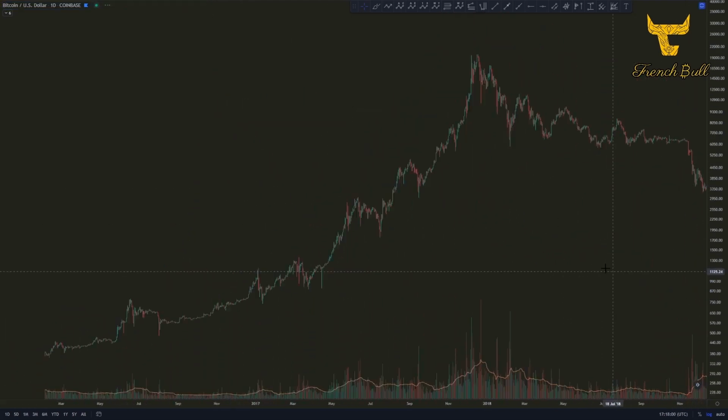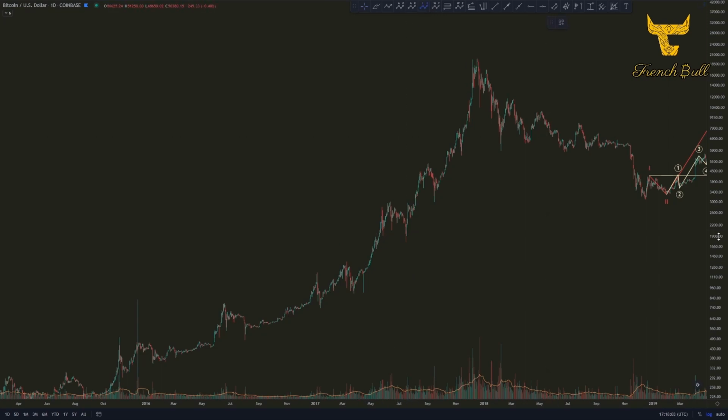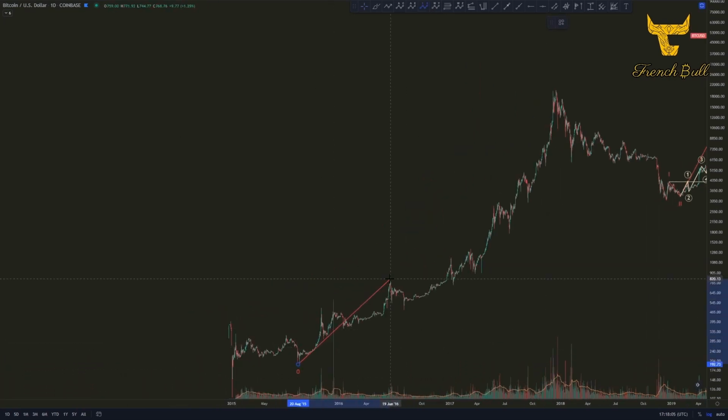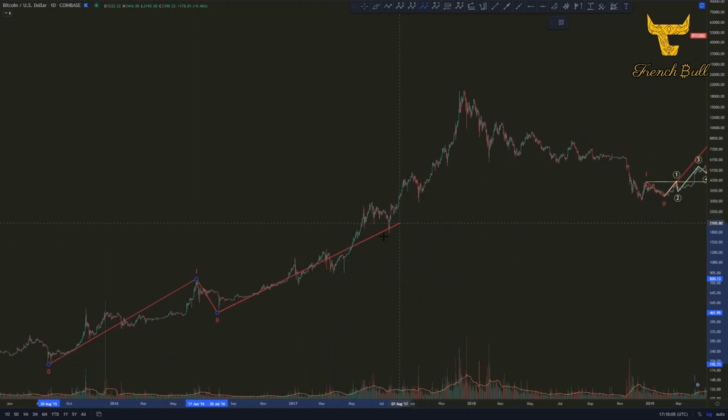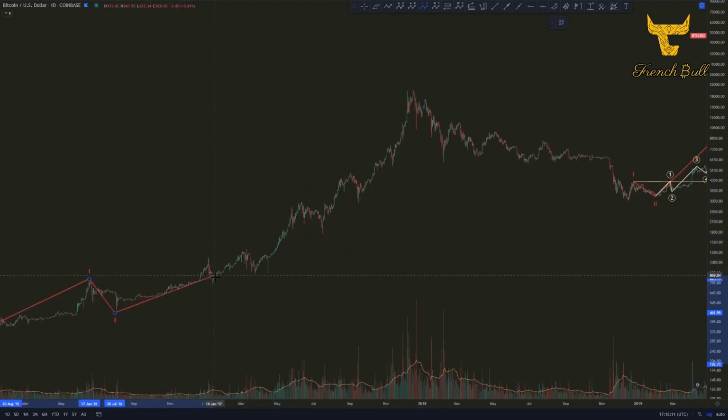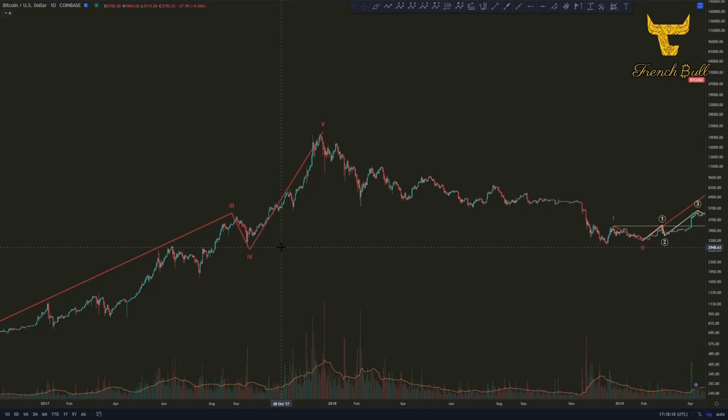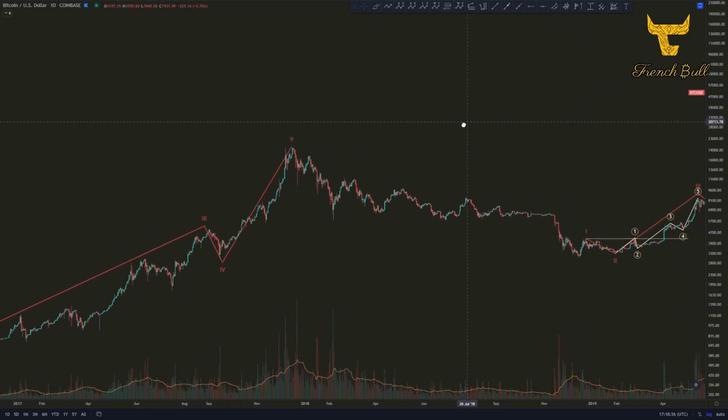I can go quickly over this, but we do have our first impulse to something like this, 3, 4, and 5, and price went from 3,000 to 20,000 in a few months, a few weeks, and then there were people talking about 100k, $1 million Bitcoin during that time.